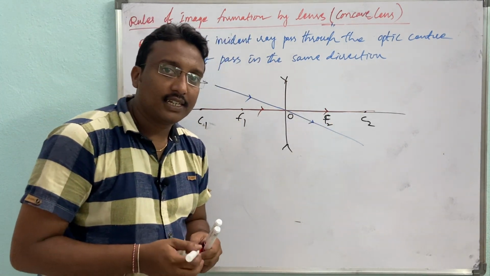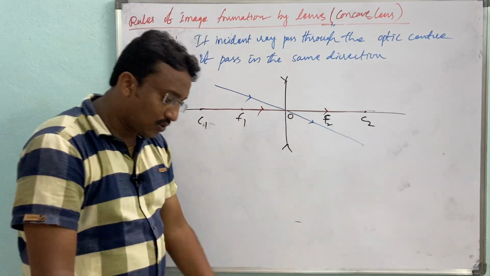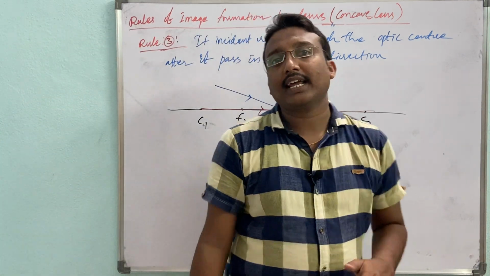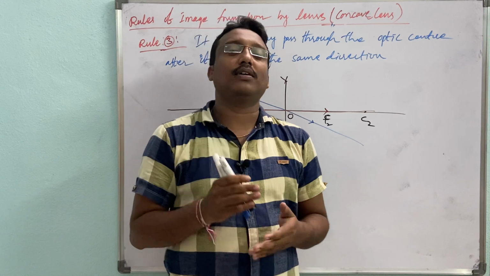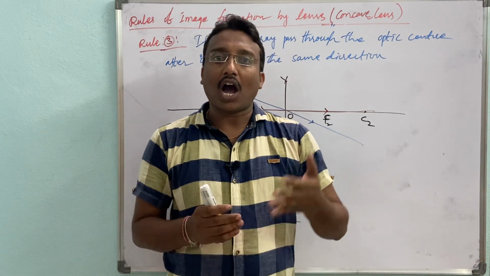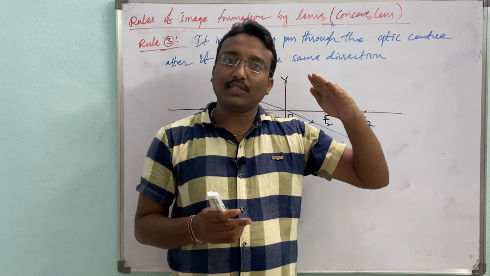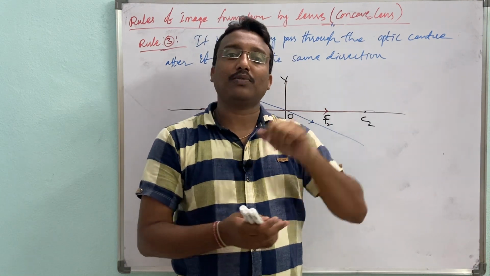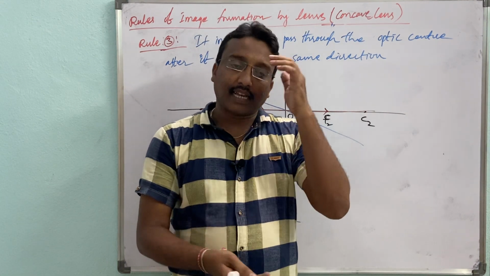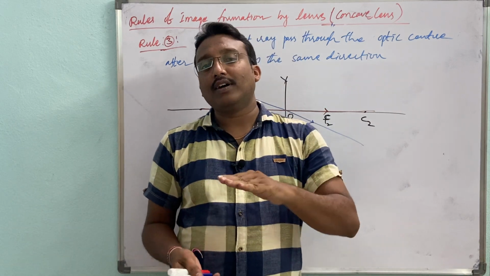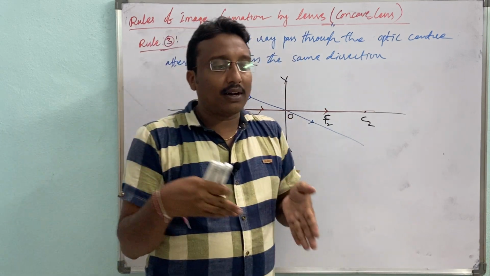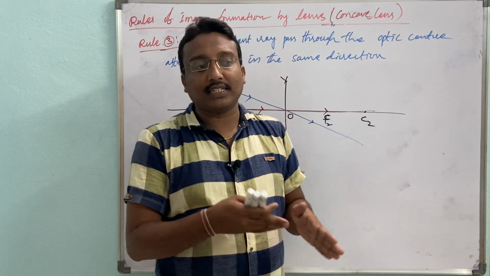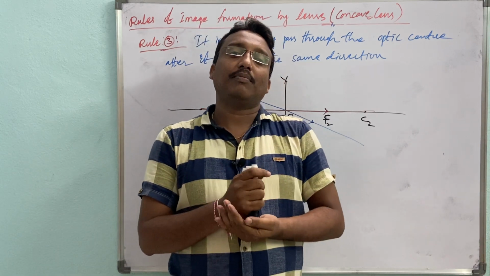Got it? These are the rules. First rule: if the incident ray passes parallel to the principal axis, after refraction it passes through the focus, or otherwise appears to pass through the focus. Second: if the incident ray passes through the focus, after refraction it is parallel to the principal axis.